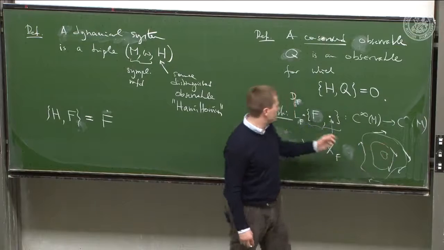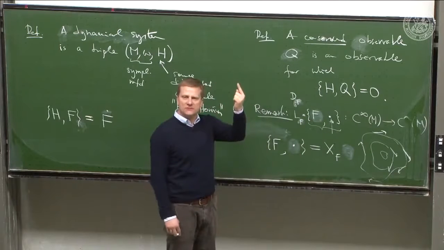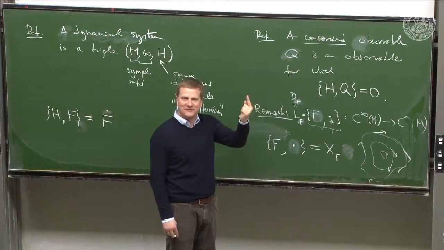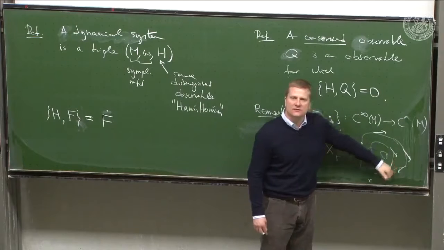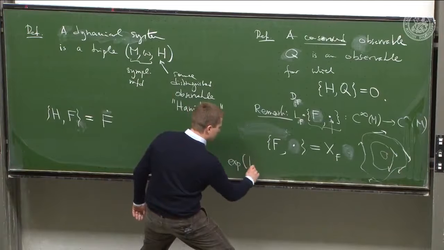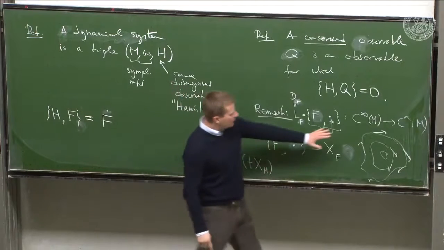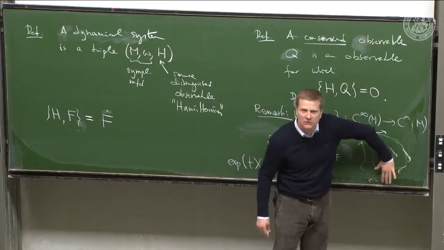It's extremely useful to think of this guy this way. And then the exponentiation of that vector field is nothing but the differential geometric exponential map. That means it's the flow along this vector field. And now it's totally clear why exp of t X_H is the flow as you flow along the Hamiltonian vector field of the Hamiltonian.